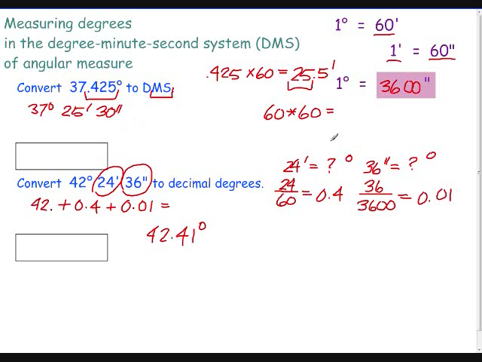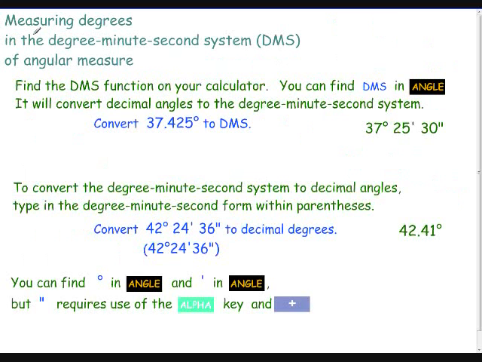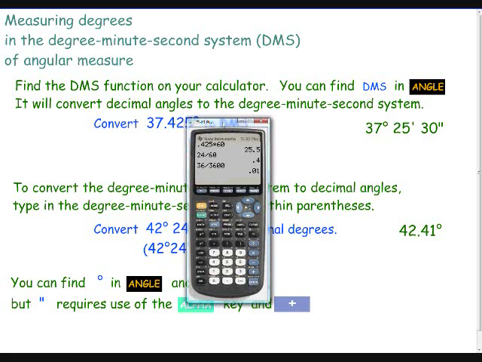The thing you have to keep in mind is what is the relationship between minutes and degrees, seconds and minutes, or seconds and degrees. Now you can actually do this on your calculator. So let me see if I remember how to do it on your calculator.